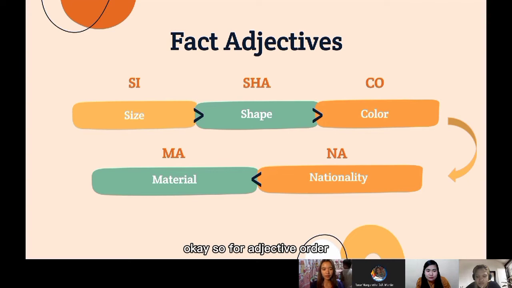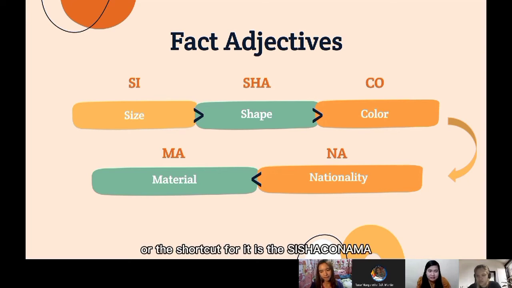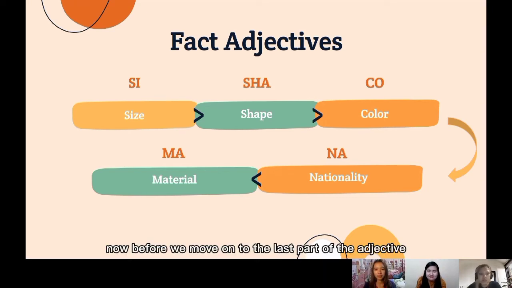Okay, so for adjective order: size, shape, color, nationality, and material, and the acronym or the shortcut for it is Si Sha Ko Na Ma. Okay, very good.